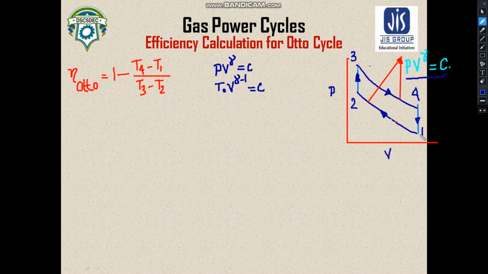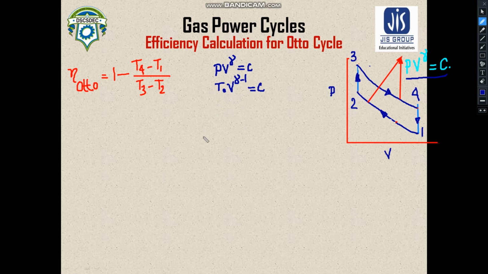Now if we apply this relationship for process 1 to 2 and 3 to 4, we can see a certain relationship between temperatures and volumes.